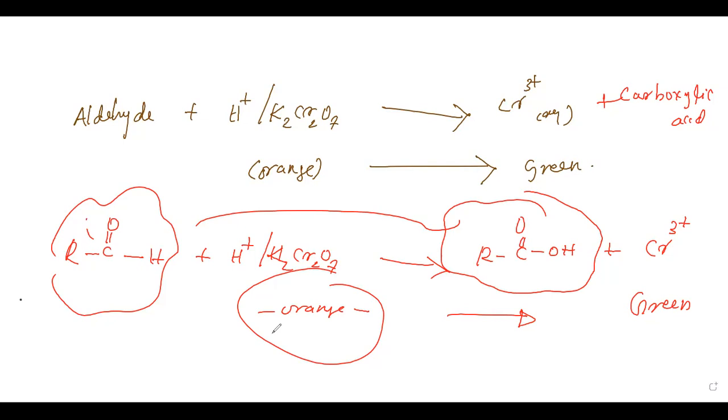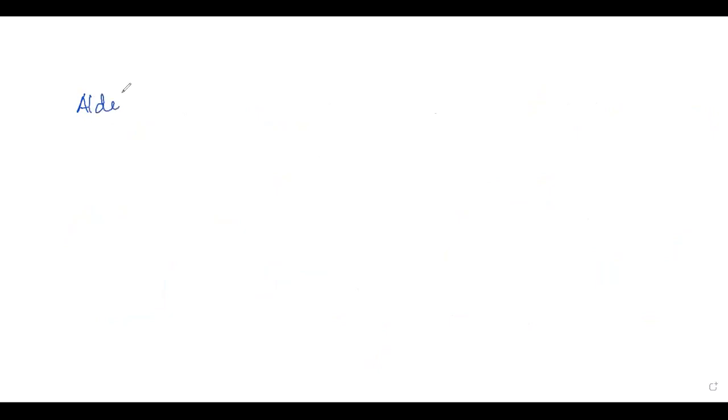This is for the dichromate ion. So what about permanganate, where the aldehyde reacts with acidic permanganate? They tell it as a pink color.